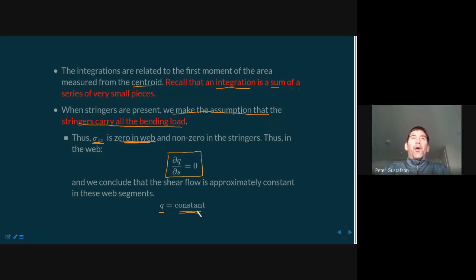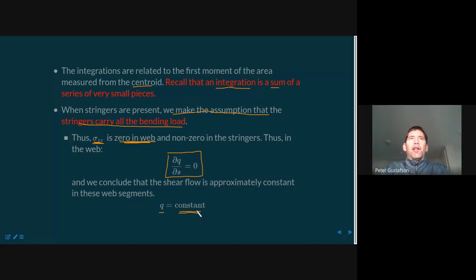So for most aero structures like that, this is a reasonable assumption. Now, that's not exactly the rule of thumb that you asked for, but it's quite a pragmatic approach.